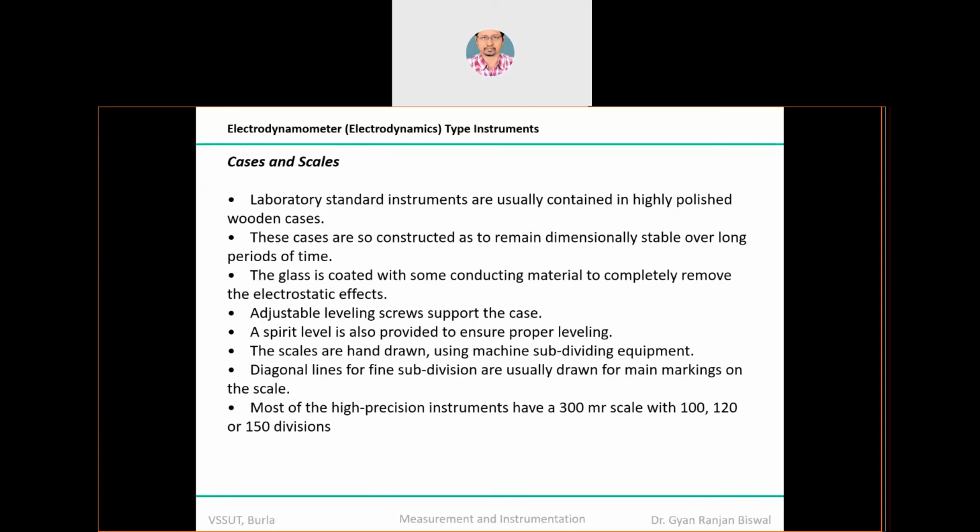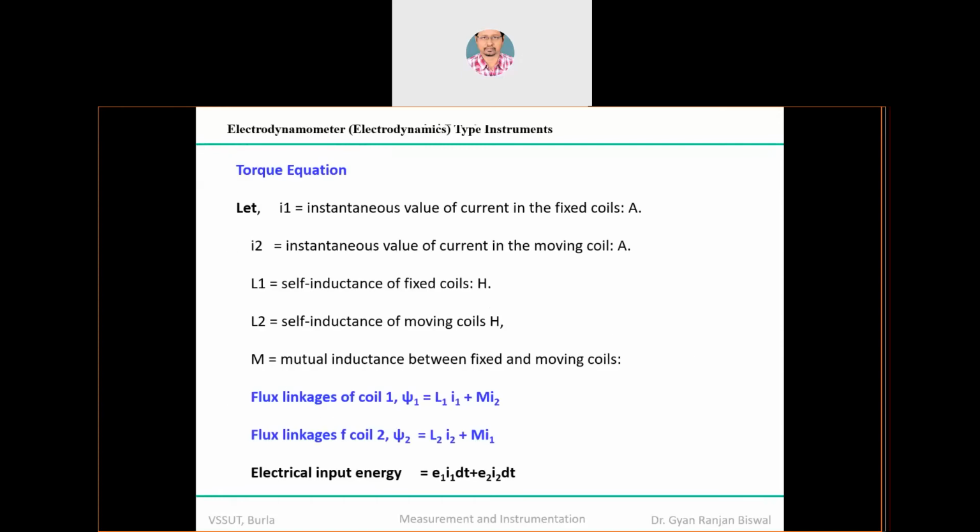Normally, these instruments come with 100, 120, 150 divisions, which is a very normal scenario. Now let's see mathematically whether we can justify that the electrodynamometer is a transfer type of instrument. Why do we say that it is a transfer type of instrument?